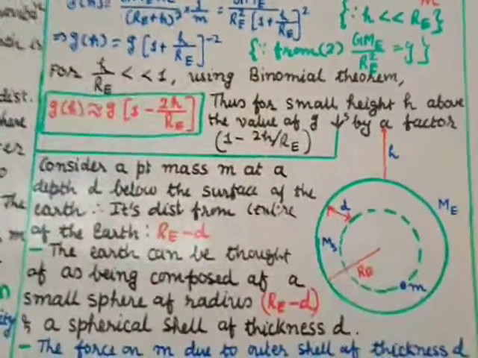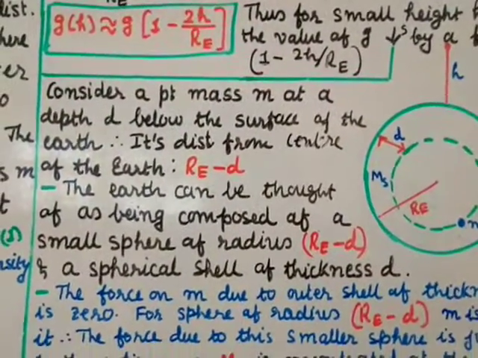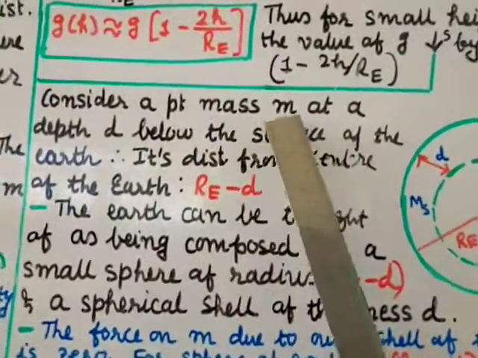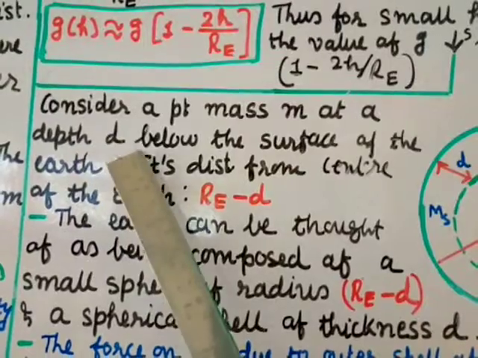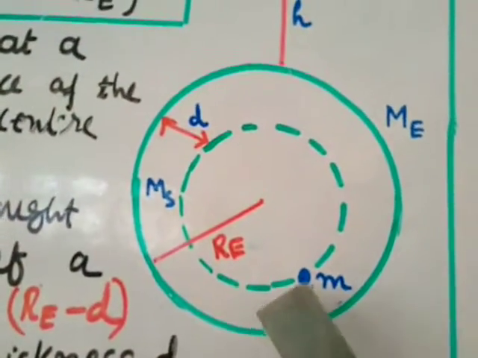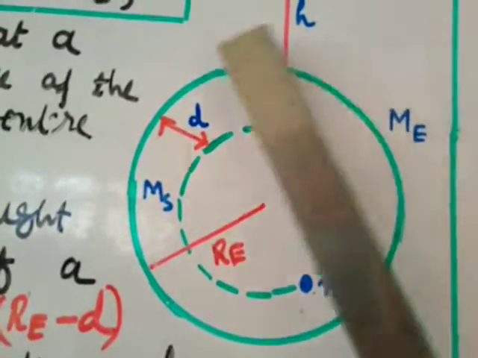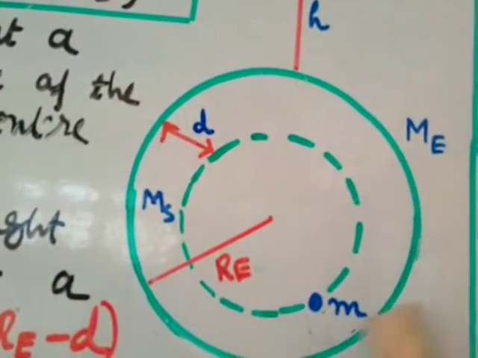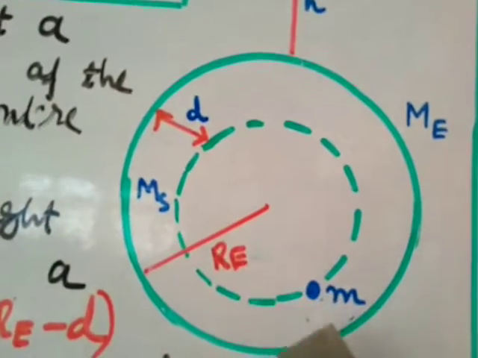Now let us take the case where the point is inside the earth, below the surface of the earth. Consider a point mass m at a depth d below the surface of the earth. This is the surface of the earth, and below that is the depth d.